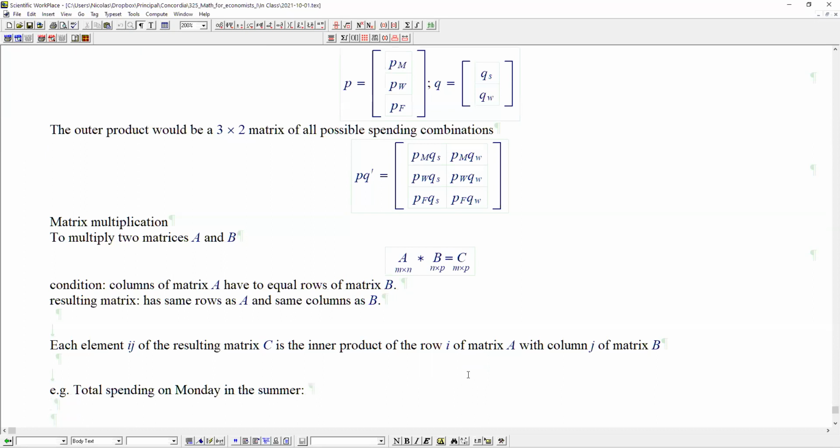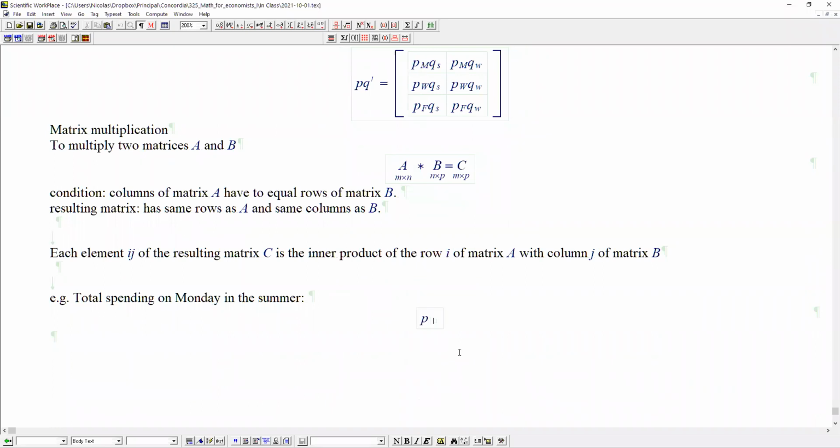So I get PM1 on good one, PM2 on, oh no, sorry, on all goods, on both goods.